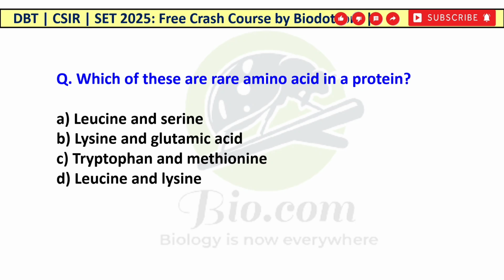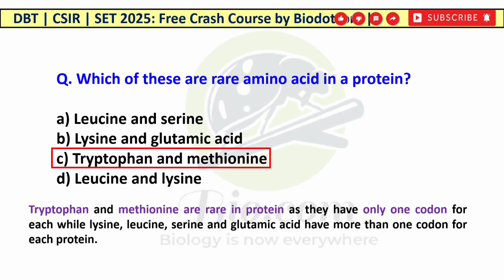Which of these are rare amino acids in a protein? Leucine and serine, lysine and glutamic acid, tryptophan and methionine, leucine and lysine. Tryptophan and methionine are the very rarest amino acids in a protein. They are rare in protein as they have only one codon, that is, tryptophan and methionine only have a single codon in the whole genetic code.